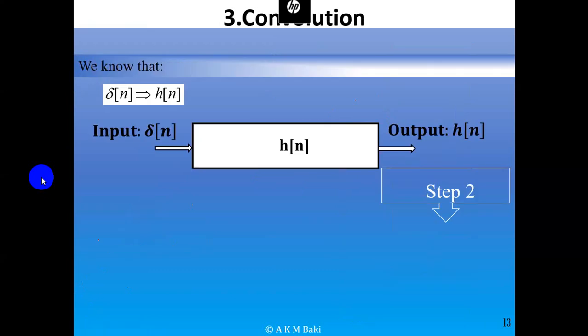Now, second step: as you have known, a delta function produces the impulse response. The other way you can say, when the input is delta, then the output is termed as the impulse response for the linear system. LS stands for linear system.